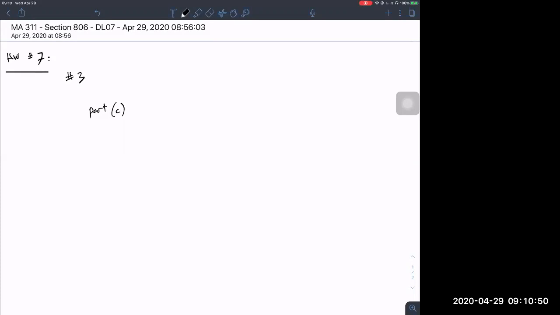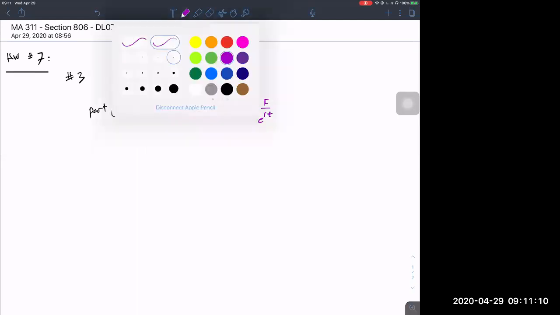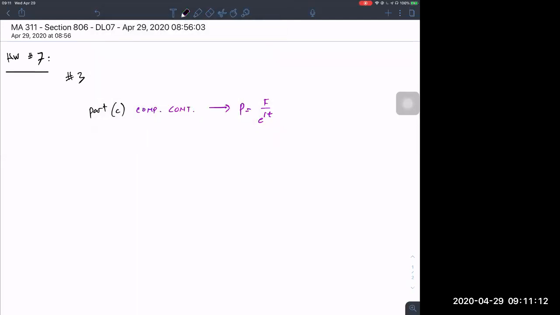Okay. Number 3, part C, hopefully you realize that it said compound continuously, right? And you either jumped into this form of the equation right away. If not, again, that's okay. What I want you all to realize is that if you listed the details, you said, oh, T is 25.